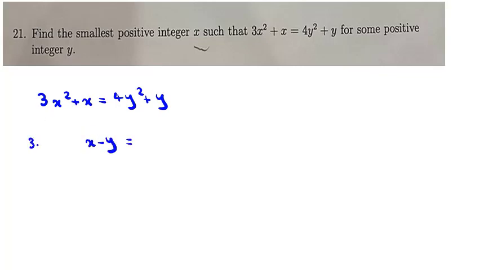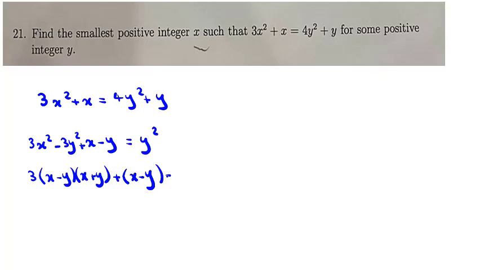We have 3x squared. If we take 3y squared to the left hand side, then what is left? y squared. Why have I done 3y squared? Because then the coefficients are equal. I can say this one is 3x squared minus 3y squared, which equals 3 times x minus y times x plus y, plus x minus y, equal to what?